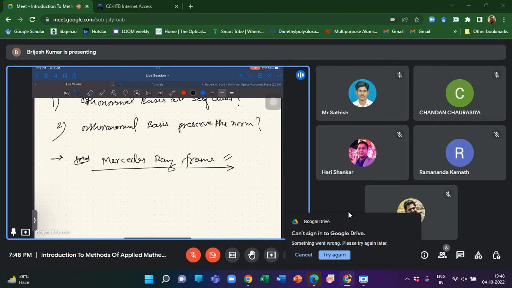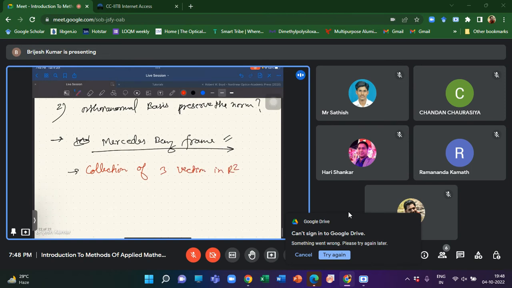It is a collection phi of three vectors in R2, and is an excellent representative for many classes of frames. For example, it is the simplest harmonic tight frame.